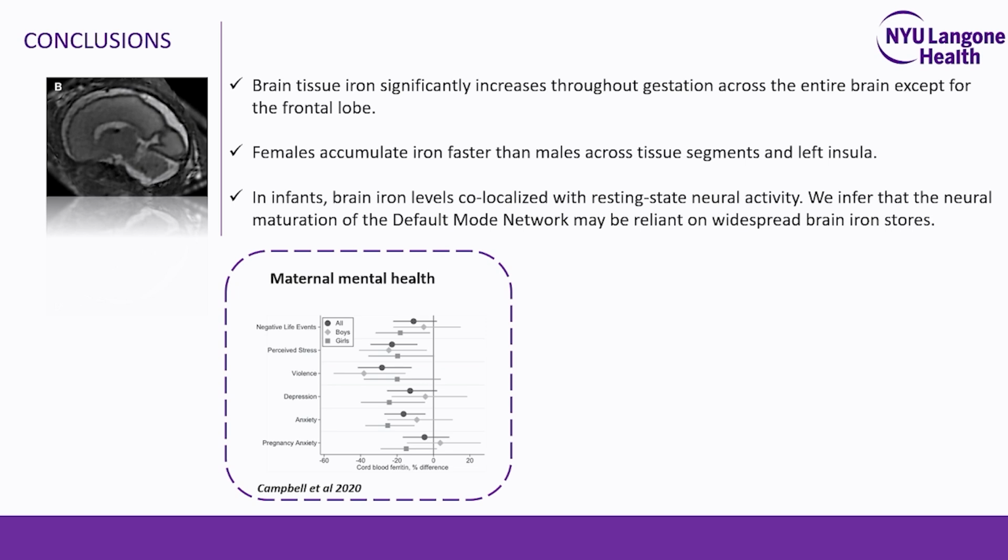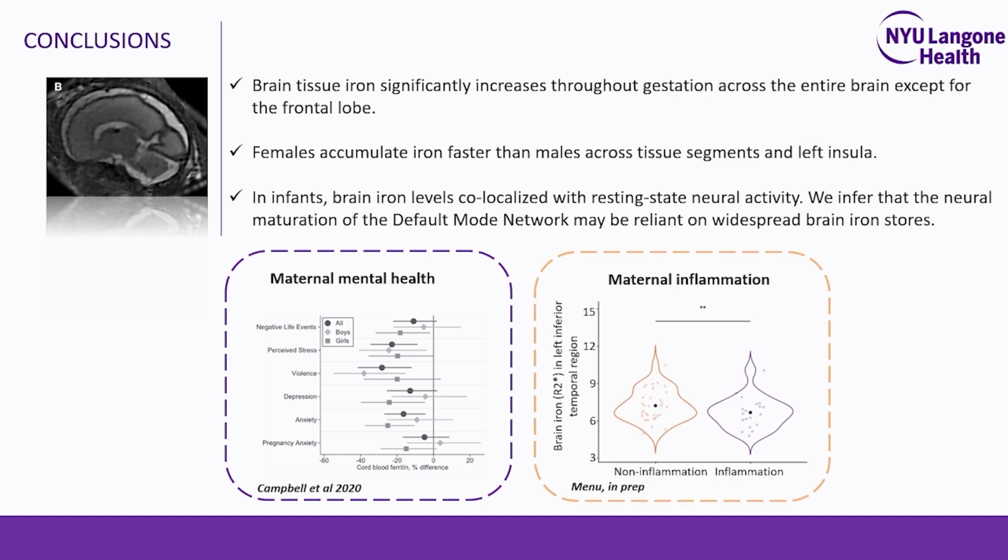We can imagine from this work that we can do a bunch of interesting things. Here I provide a previous report conducted by Campbell and colleagues. They found that maternal mental health can affect cord blood ferritin in their offspring, and there's a sex difference.